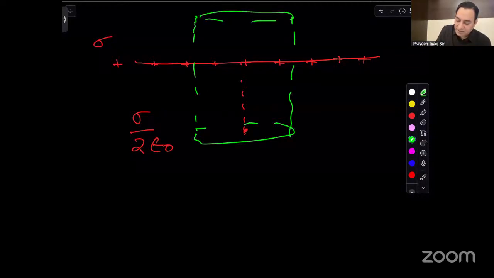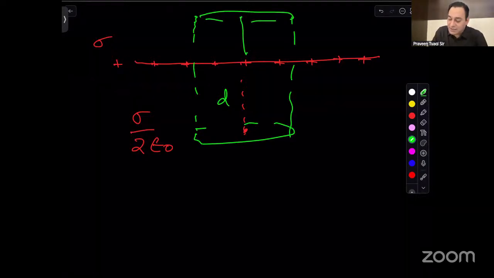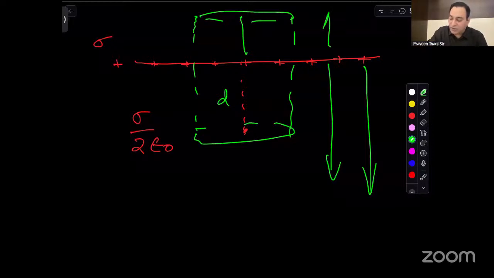Which is d distance here and d distance this side, and you can see the electric field lines will be perpendicular to the infinite conducting plate, and therefore E dot ds for this side, if I take E and surface area will be in this direction perpendicular to the surface, E dot ds for the curved surface will be 0.